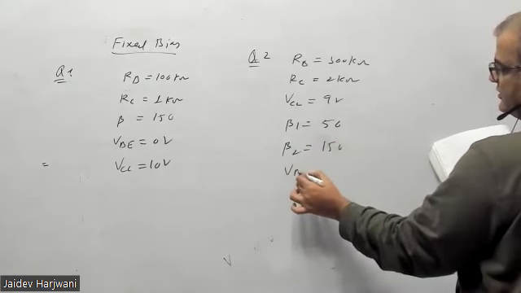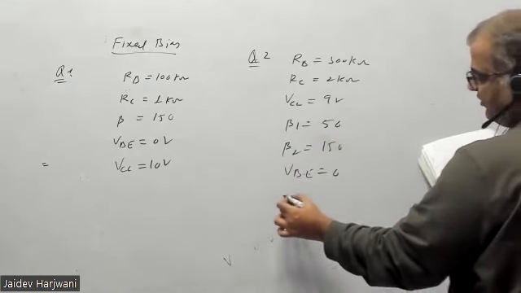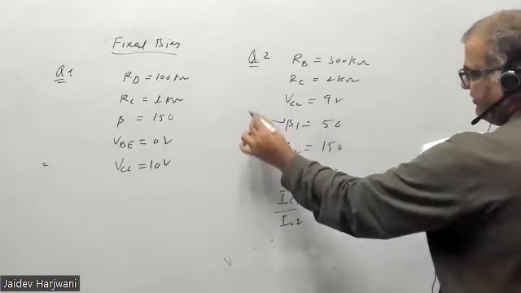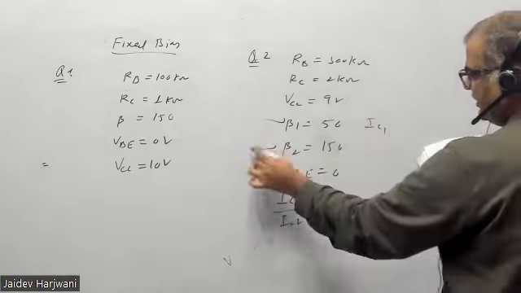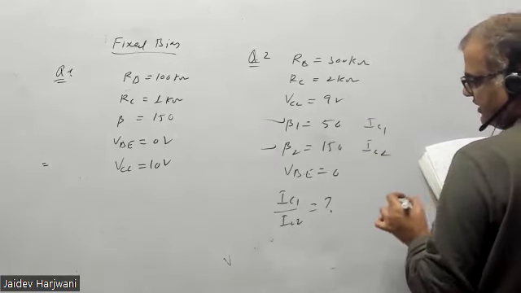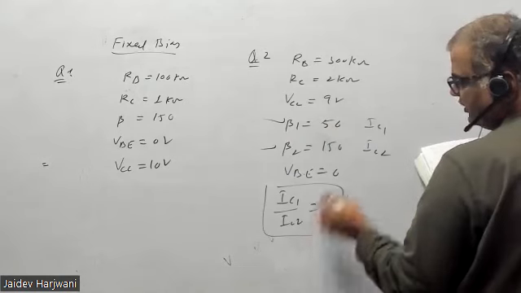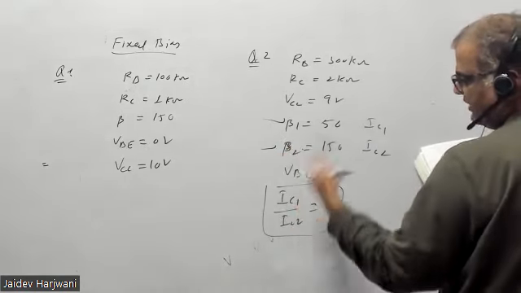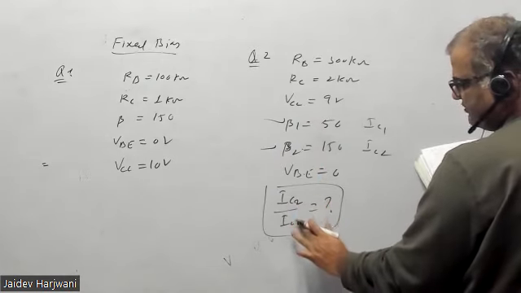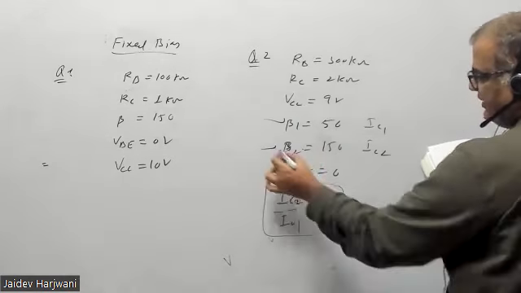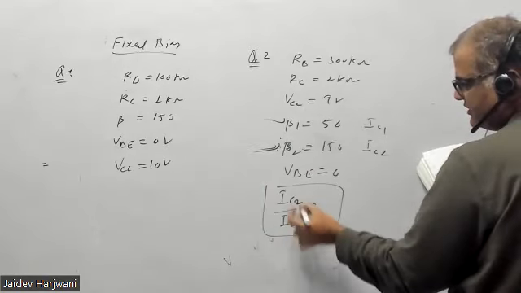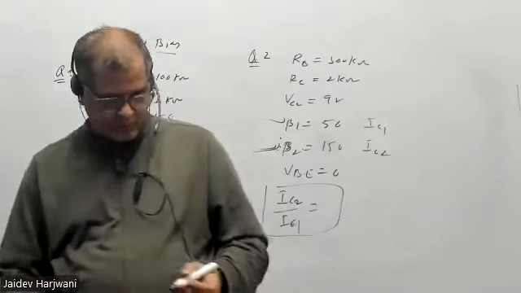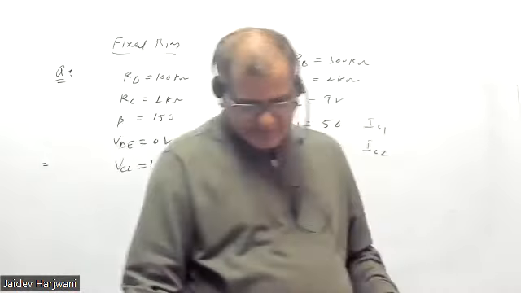You find the ratio of IC2 by IC1. First you take beta 1 and find IC1, then take beta 2 and find IC2 for the given circuit, and find the ratio. You will surely see that if beta increases, your current will also increase. This circuit is doing nothing to stop this. So this is the elementary biasing.